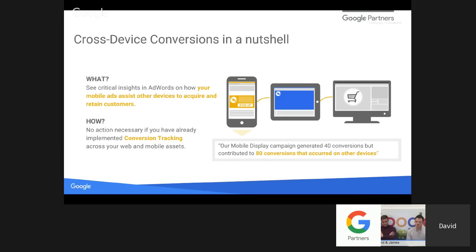When it comes to the measurement of AdWords campaigns, it is important to look beyond the last click and to how other devices play a role in helping to acquire new customers. Cross-device conversions allow you to understand the importance of mobile in each customer's journey, and they also assist in attributing value to mobile devices that would otherwise be overlooked. So for this reason, they're really quite important.